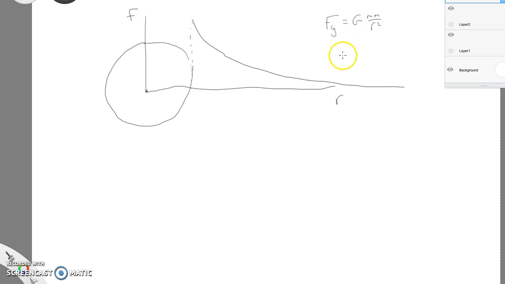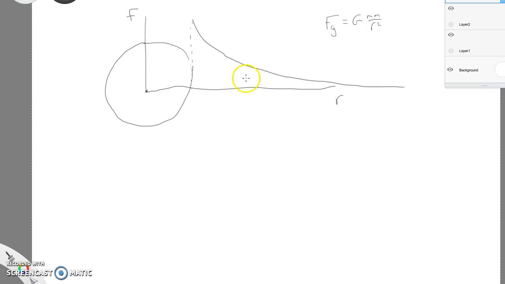If r was equal to infinity, then there would be no gravitational force because you're dividing by infinity, you get essentially 0. But other than that, you can't really escape the gravitational pull of the Earth, or of anything for that matter. This graph looks the same for any object, it's just the value for F would be smaller or bigger.